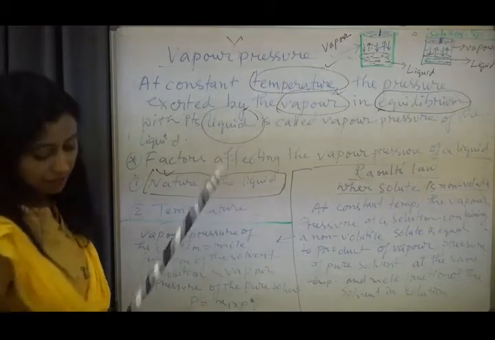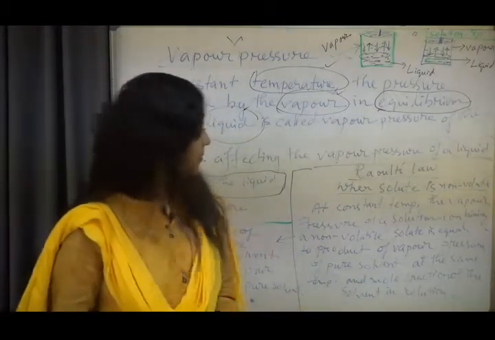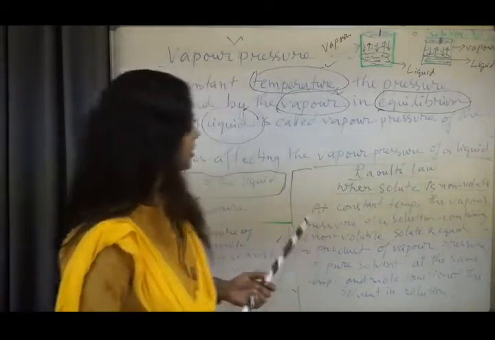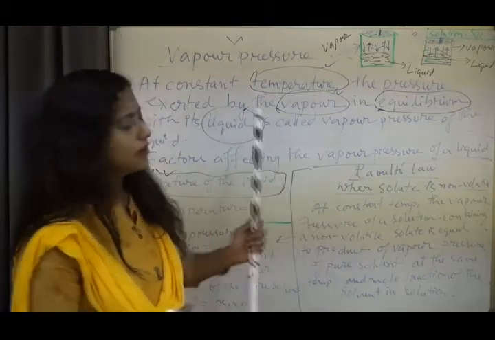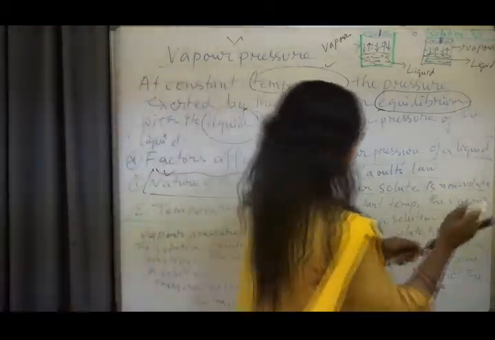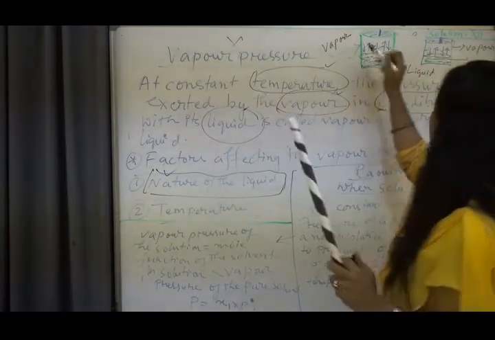Then temperature is a very important factor related to the vapor pressure. Then I am going to another law, which is called Raoult's law. Before going to that, I am describing the vapor pressure with these two diagrams.